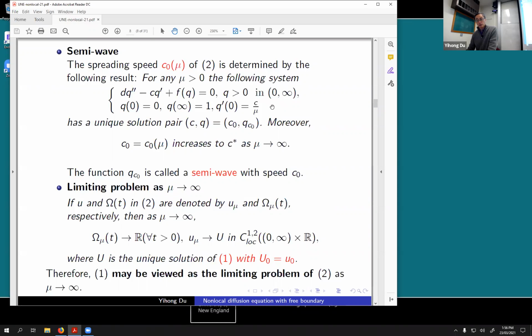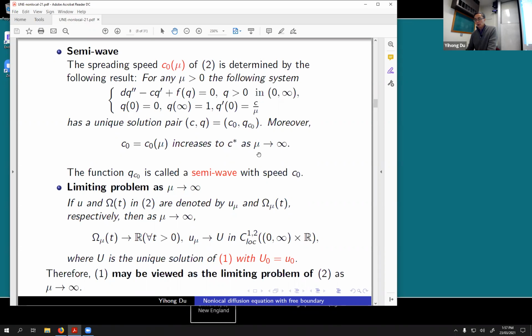And here, because we have a free boundary condition, we have this extra equation, and this is determined by that. We can show that for any mu, we have a unique c0, so that when c equals c0, this system has a unique q. And furthermore, we know this c0 is actually less than c star from the classical model.